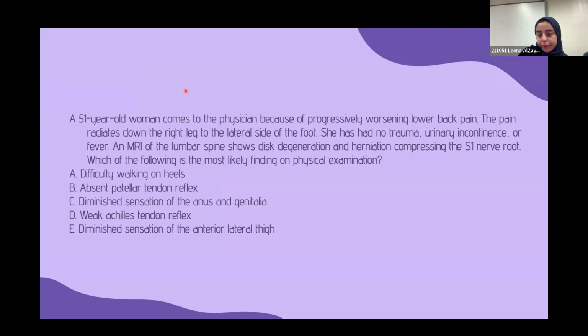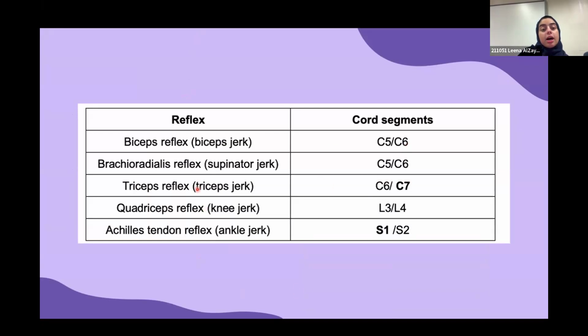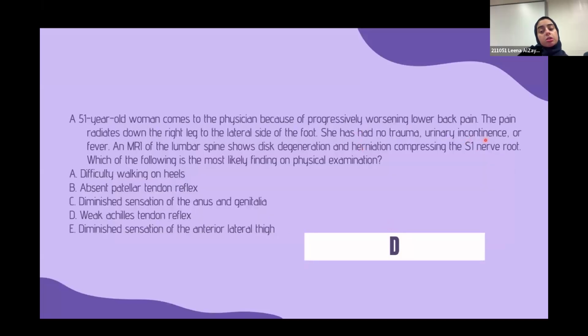Let us try again. Let's try another answer. So this is very hard to remember. It's just because we had the exact table of the reflexes we have to know in spinal cord. So the answer is D because biceps is C5, C6, brachioradialis reflex is C5, C6, triceps is C6, C7, quadriceps reflex is L3, L4, ankle jerk or Achilles tendon reflex is S1, S2, and they specifically mentioned that there's a compression at S1.